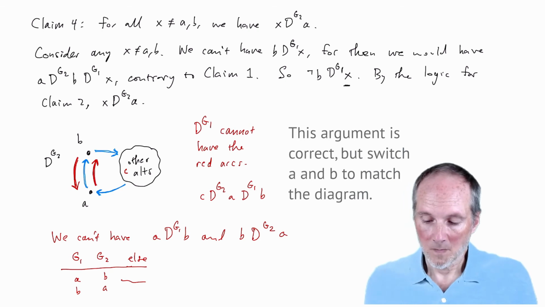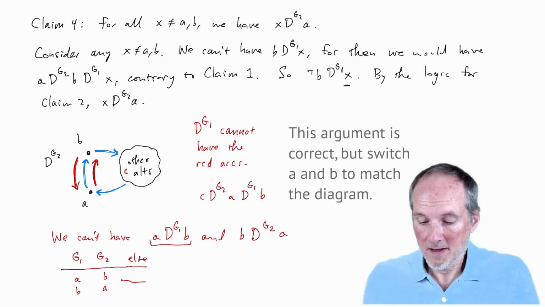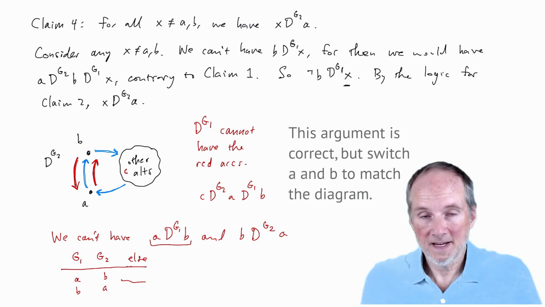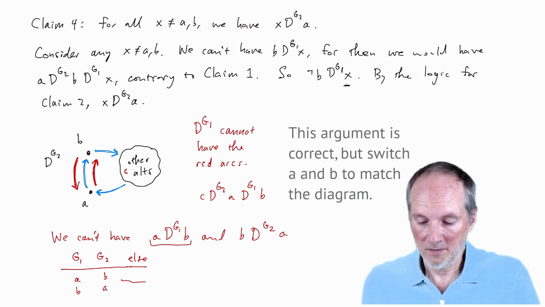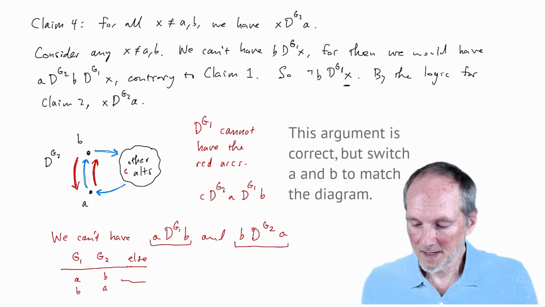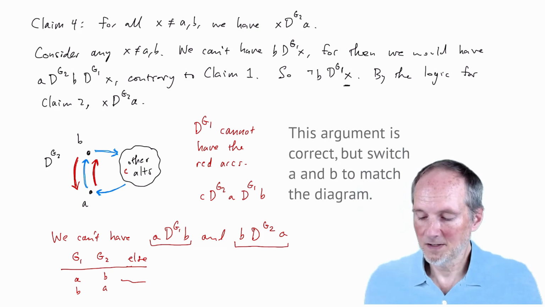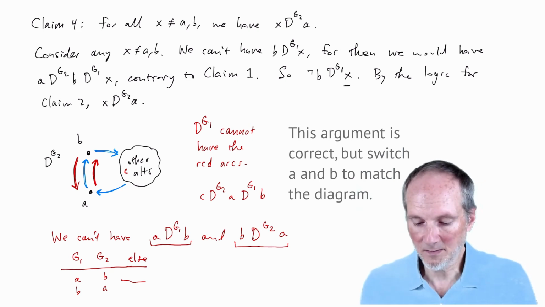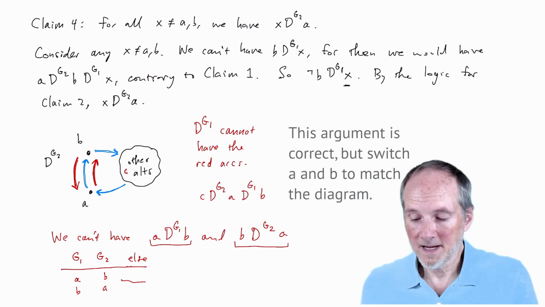Because G1 is decisive for A over B, that means they get their way. Everyone in G1 prefers A to B, so the social preference is for A over B. But the same thing applies to G2 here. If G2 is decisive for B over A and they all prefer B to A, then they get their way.